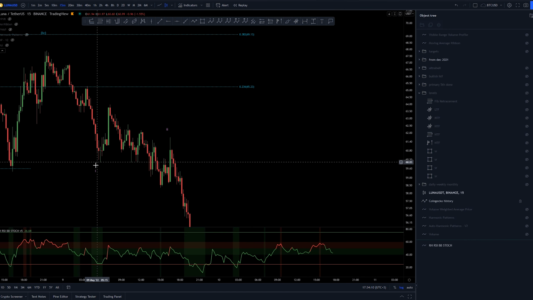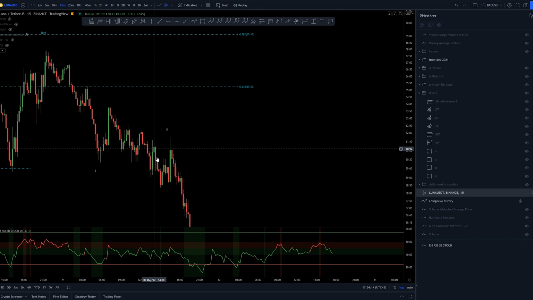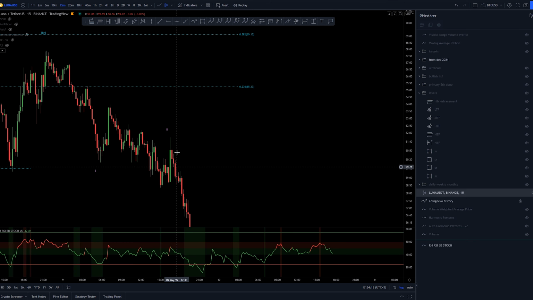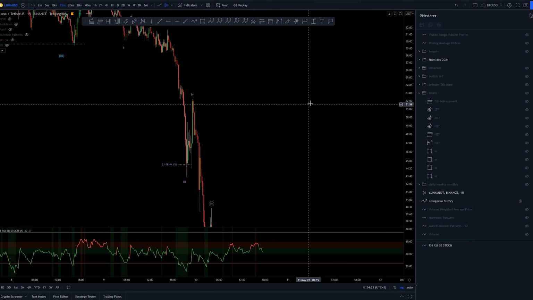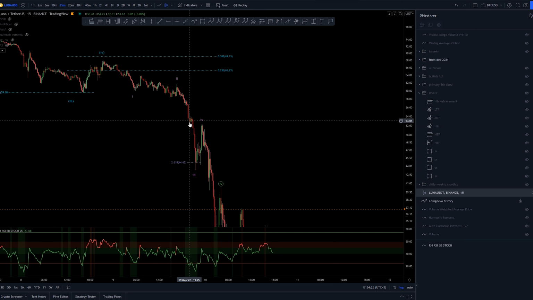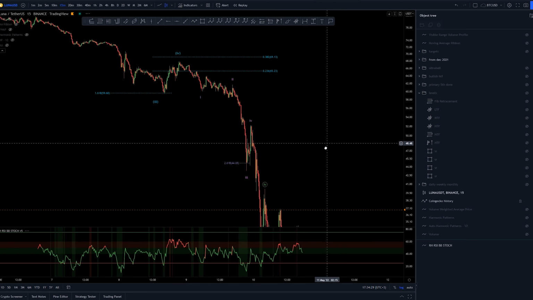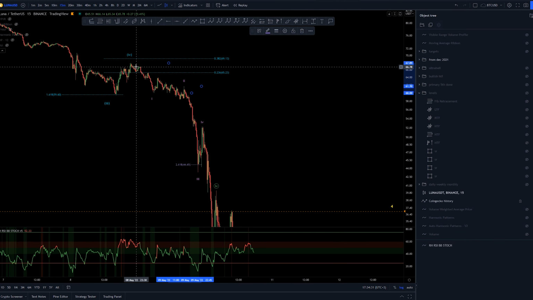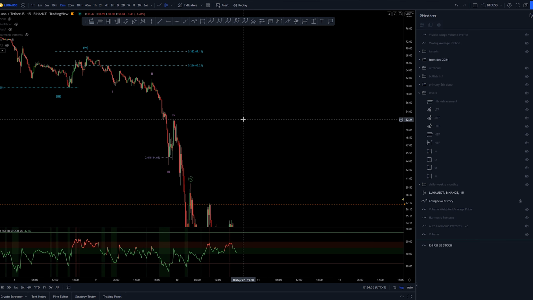But again here I couldn't get any diagonals, so I'm thinking of this as a 3-way structure here, some kind of structure here, and another 3-way, so it would be a WXY count here into wave 2. After which we would get another 1, 2, 3, 4, 5 into the third here. 2.618 extension of the wave 1 for the wave 3, that is measuring pretty well.